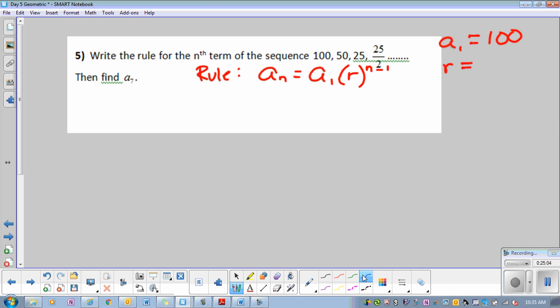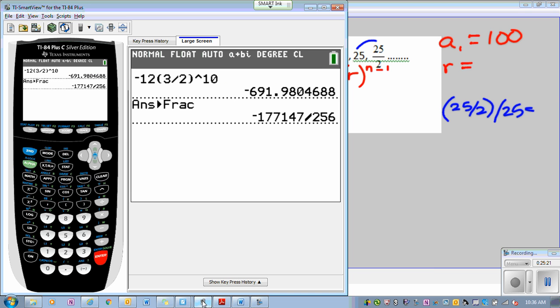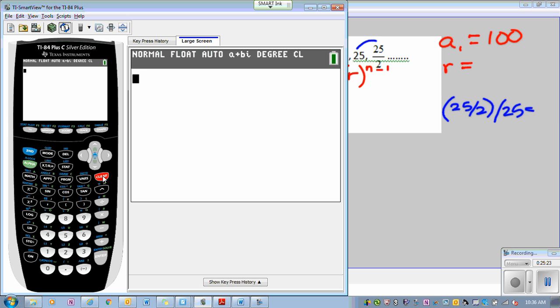What is r? So, start from the back. You see how I have that fraction? You could skip it, but you could just easily put it into the calculator. It's just 25 divided by 2 in parentheses divided by 25. So 25, you got 5 by 2 divided by 25. 0.5, which is 1/2, right?